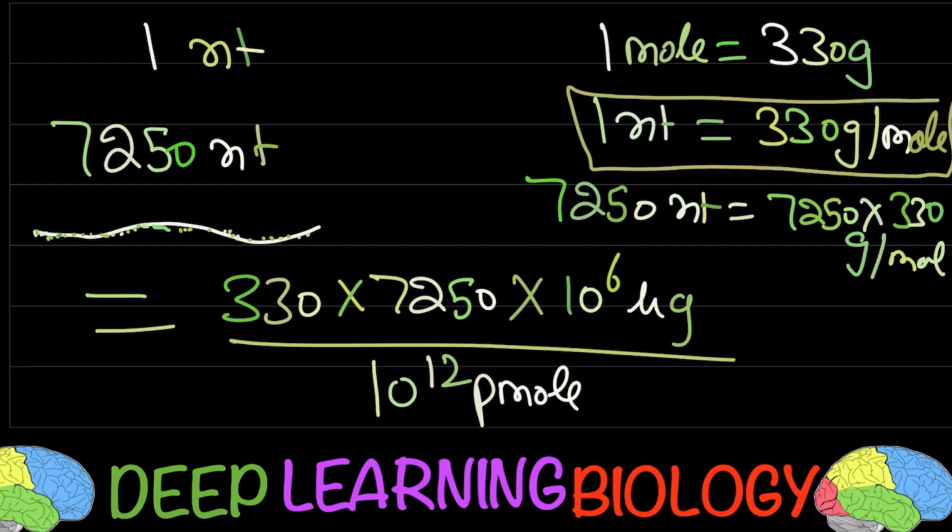If you solve this, it will come out 2.39 microgram per picomole.